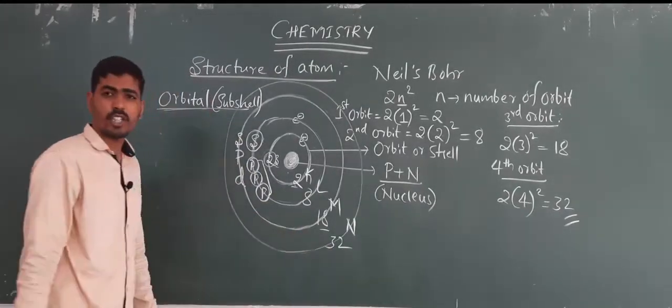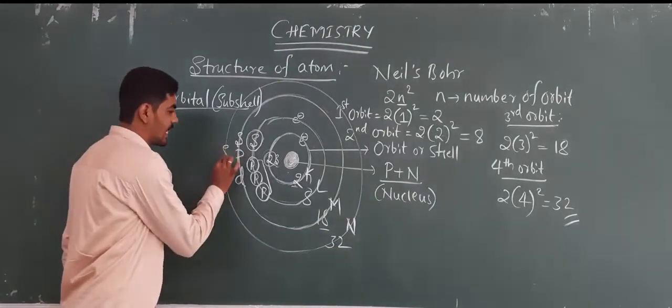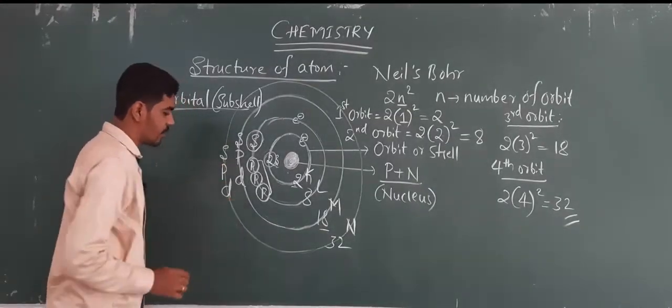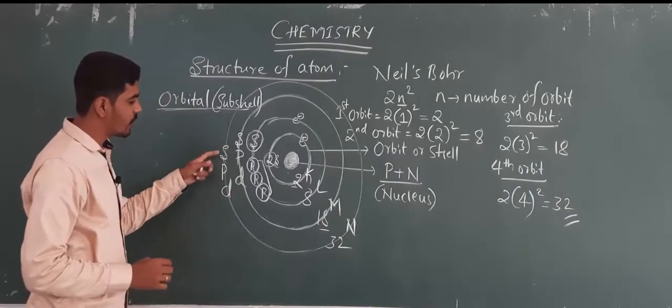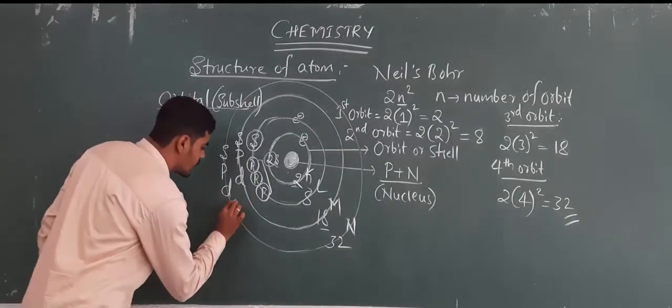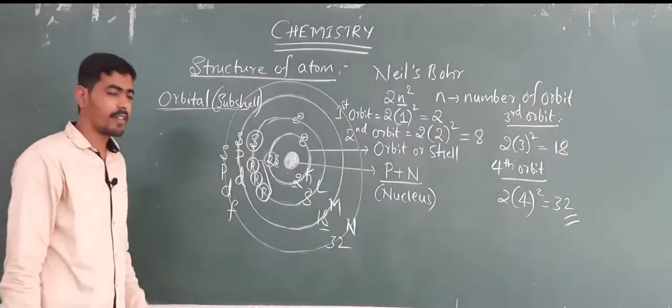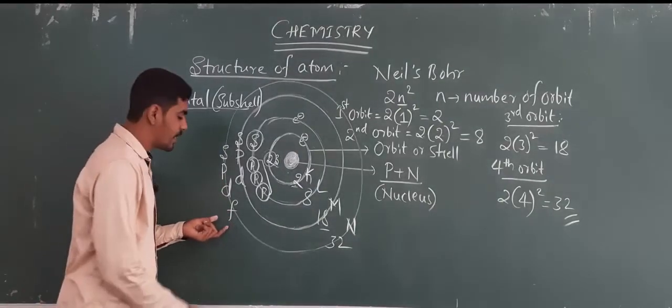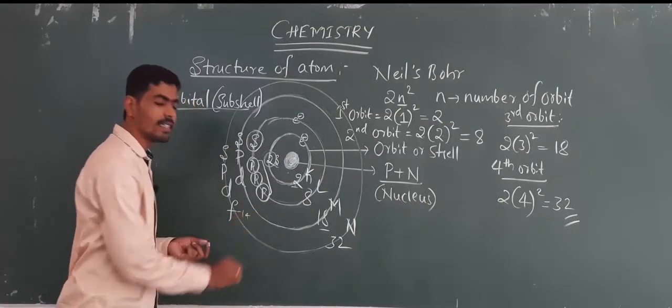And in the fourth shell, 1 s, 1 p, 1 d. So totally how many electrons are there now? 18 electrons. Now another subshell I will introduce here, that is f. In f there is a presence of 14 electrons.